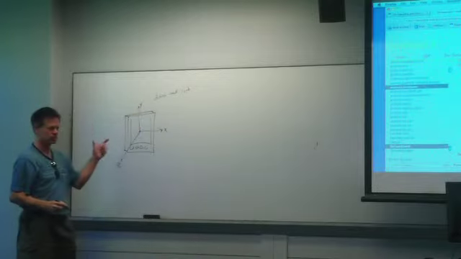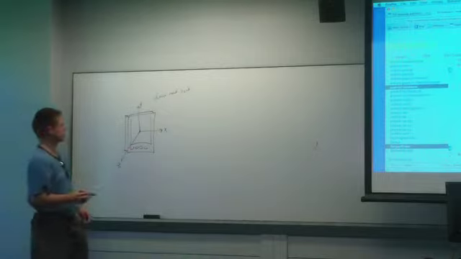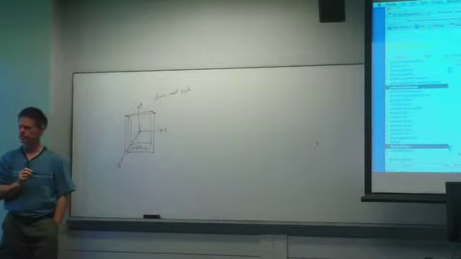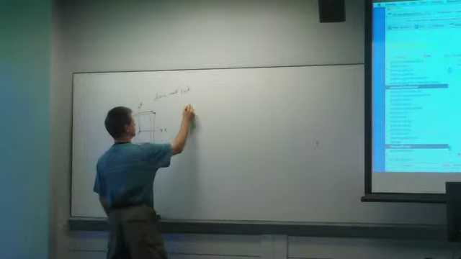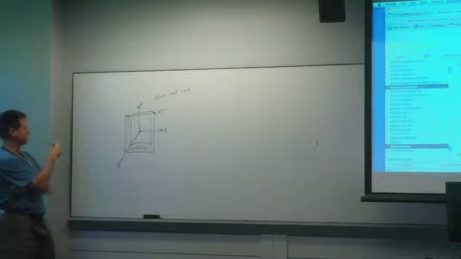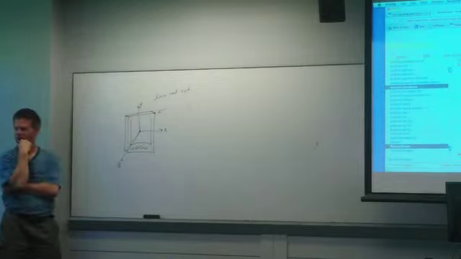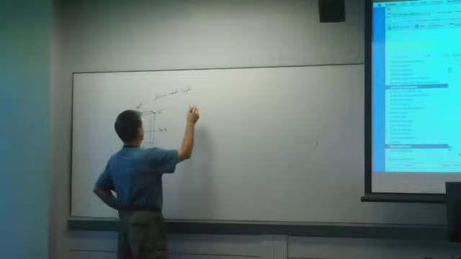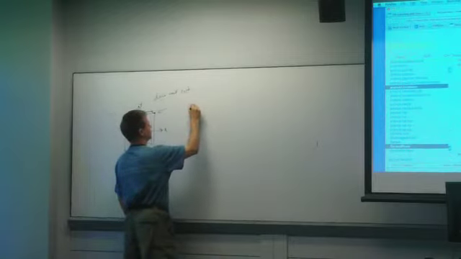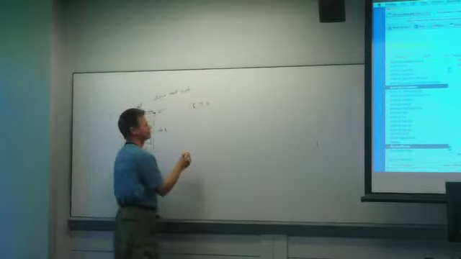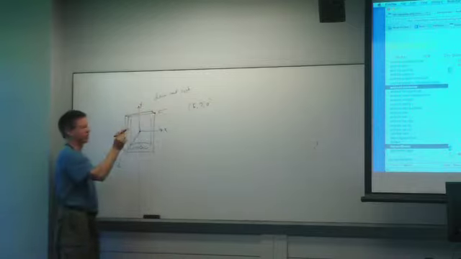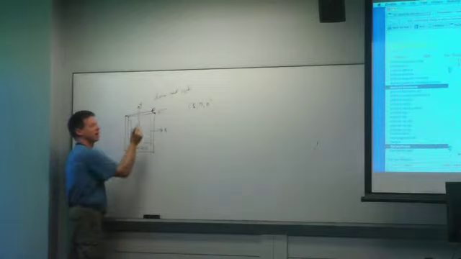Assuming this is, say, a Galaxy Tab, and this is the center, what would the coordinate of this point be? Roughly 5 centimeters over, 7 centimeters up, and 0. Why 0?